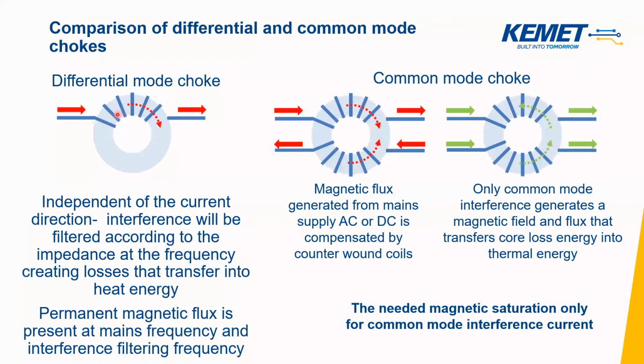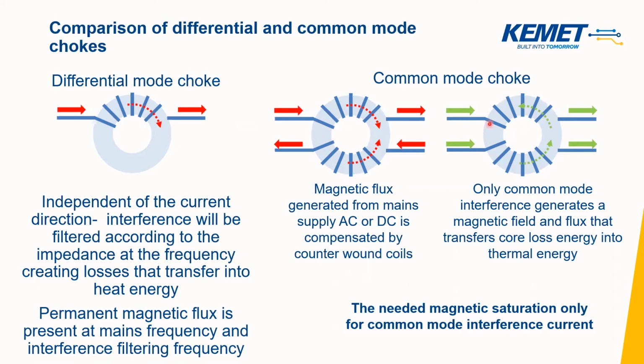Now, when we move on to a common mode choke, what is the main difference between a common mode and a differential mode choke? Well, as the figure here suggests, instead of one signal line, we have two signal lines connected in parallel like this in a common mode choke.